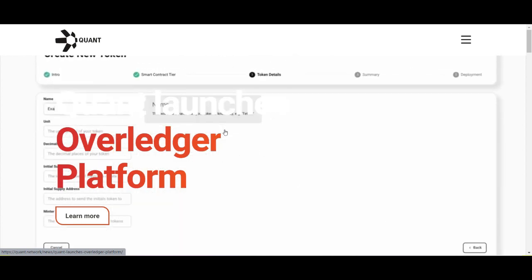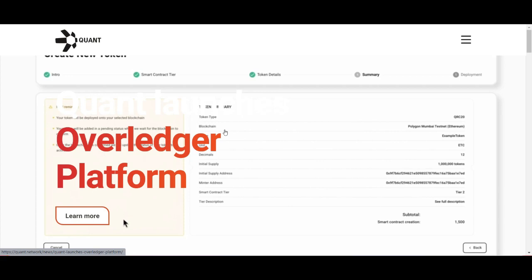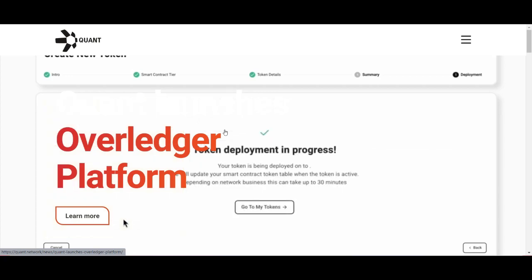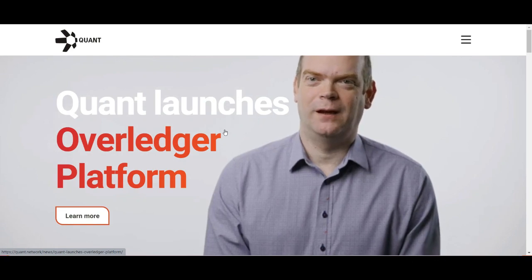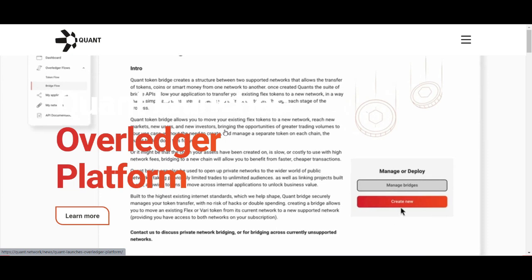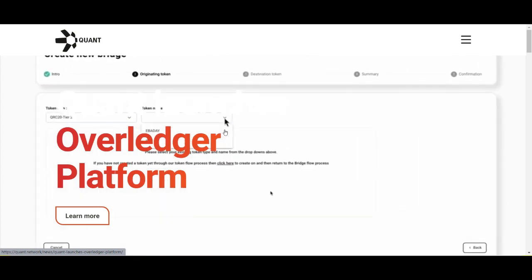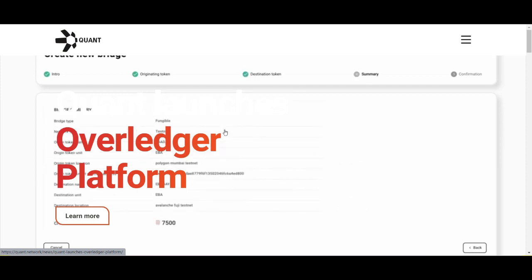Not only that, they're at a capped supply, so that means that they will not produce more Quant. So the value of Quant is going to go up once the total supply starts to deplete and people are buying these tokens. That's going to give the upper hand to the value of the project.